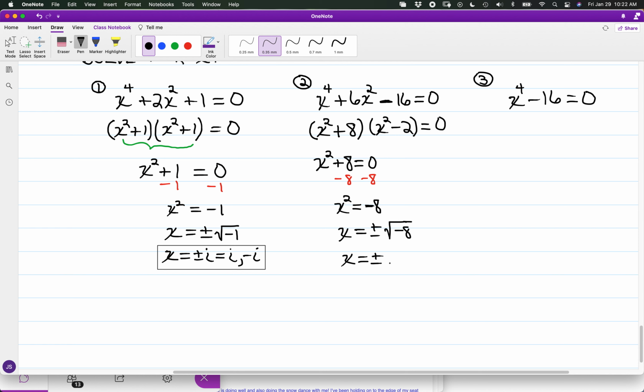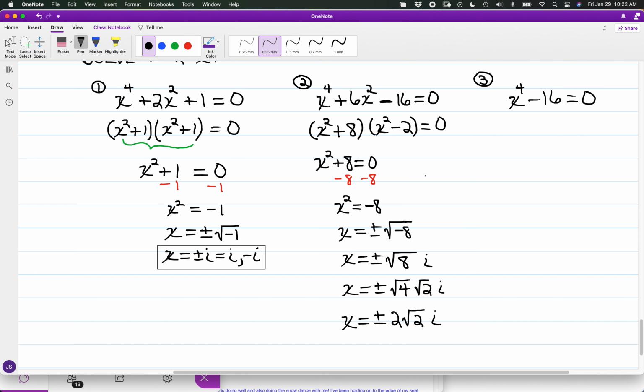Incrementally breaking this down, you have plus or minus the square root of 8 times i. And again, 8 is not a perfect square value, but it is a square root that can be reduced. So the square root of 8 is the square root of 4 times the square root of 2. And so we have x in reduced radical complex number form: plus or minus 2 times the square root of 2 times i.